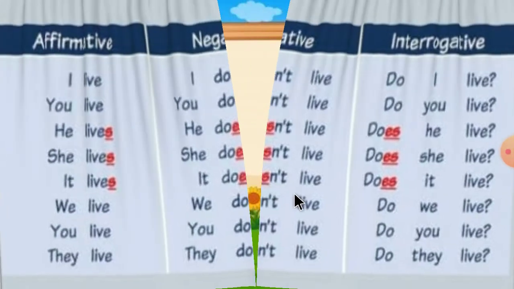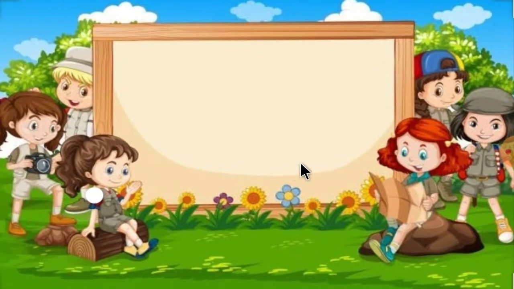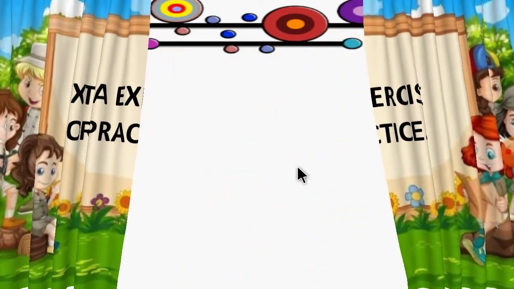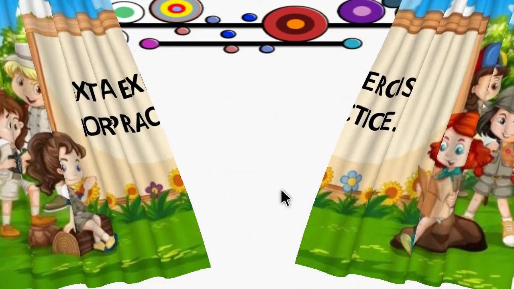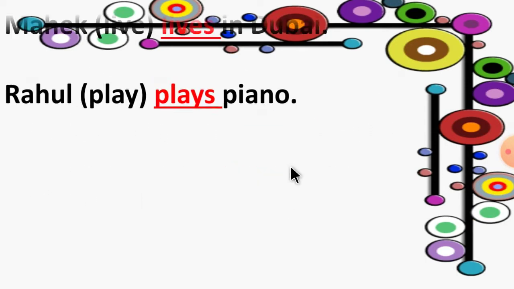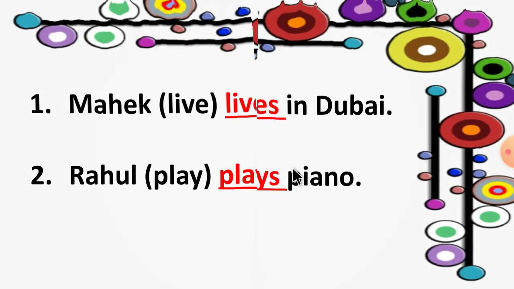After completing that, we learned an extra exercise for practice. This is the extra exercise which we have learned. You can see here. If you have missed anything, you can also note it down.